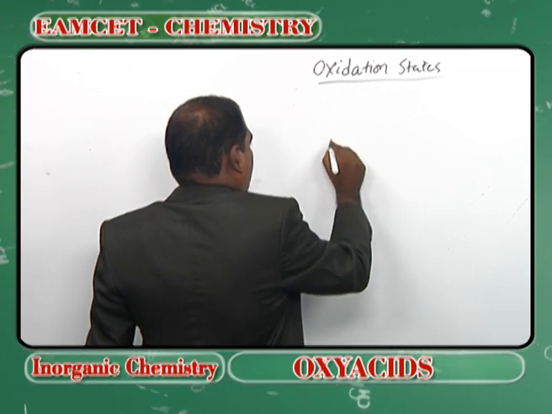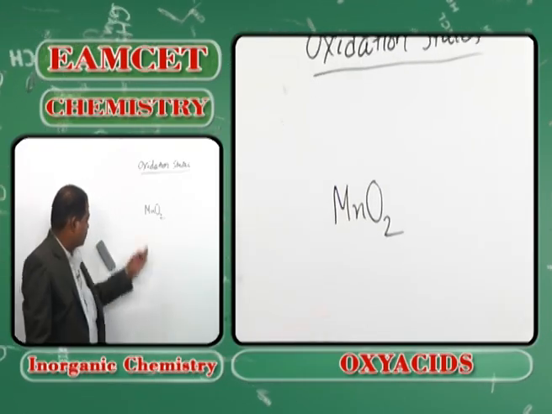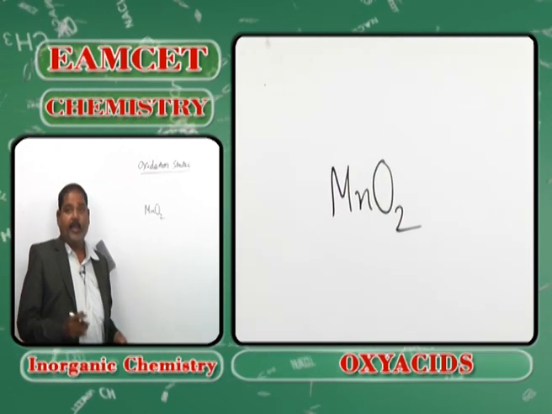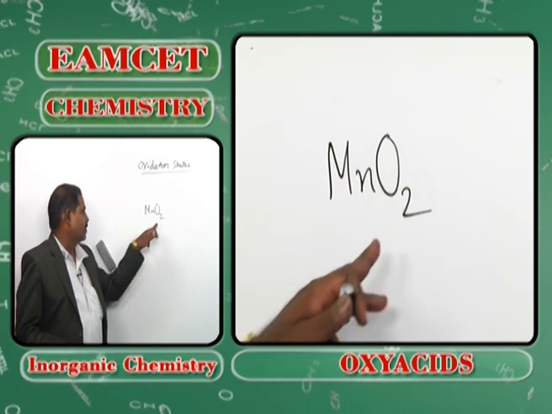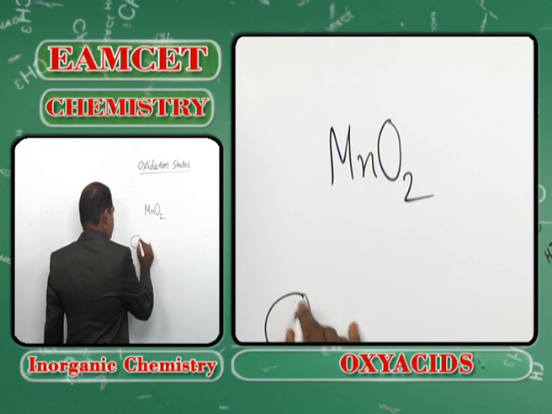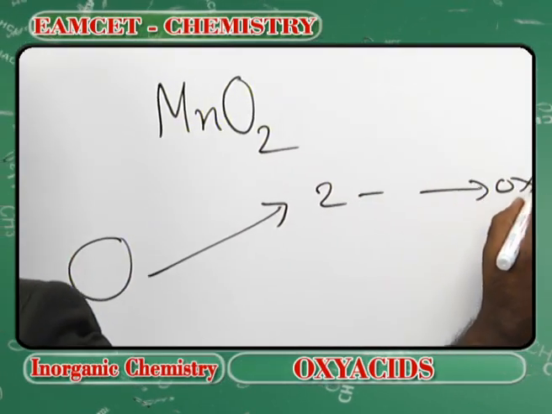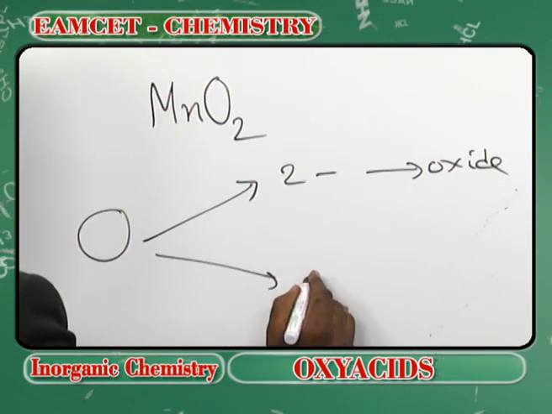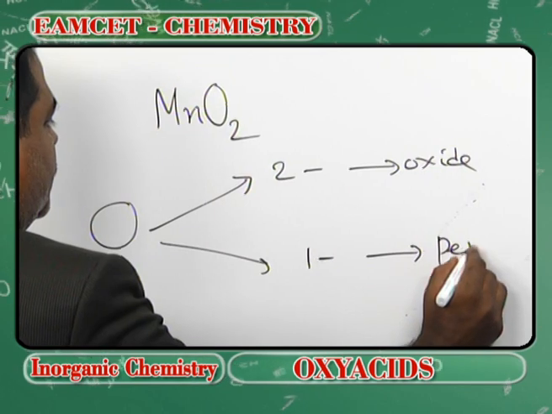So what about MnO2? Is it an oxide or a peroxide, and what is the oxidation state of manganese here? Manganese is not fixed, and we are not sure whether oxygen is 2-, -1 or -half. I have already given three choices. If oxygen is 2-, it is called oxide. If oxygen is -1, it is called peroxide.